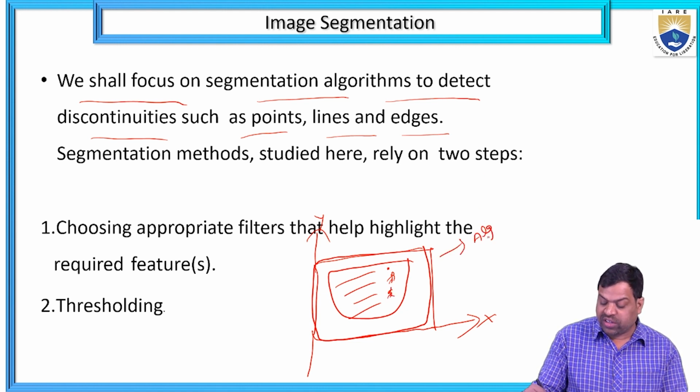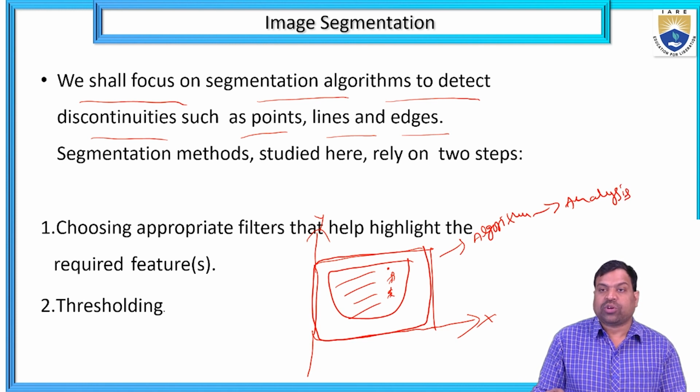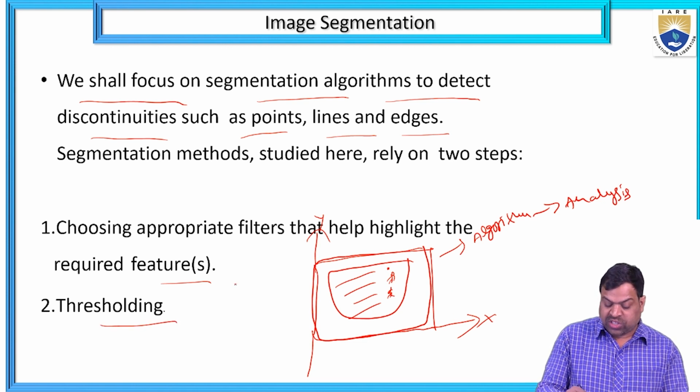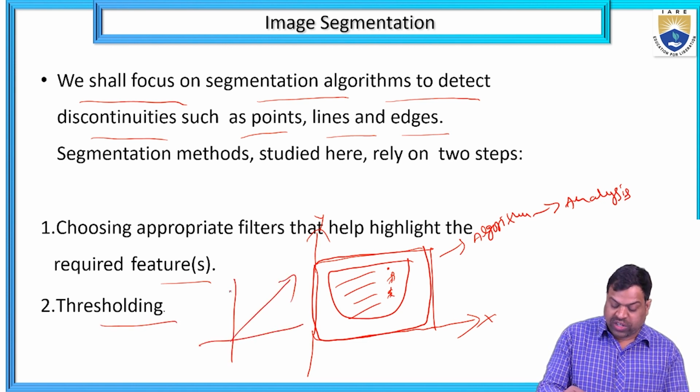So any image processing algorithm is used for analysis purposes. These segmentation algorithms detect discontinuities such as points, lines, and edges. Segmentation methods rely on two steps: choosing an appropriate filter that helps highlight the required features, and thresholding. Thresholding means what the threshold value is. On the x-axis and y-axis, what is the threshold level? That is an important thing.